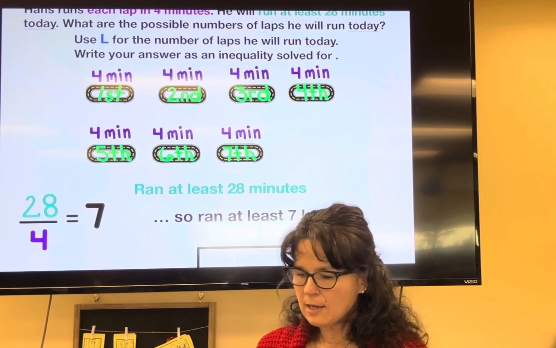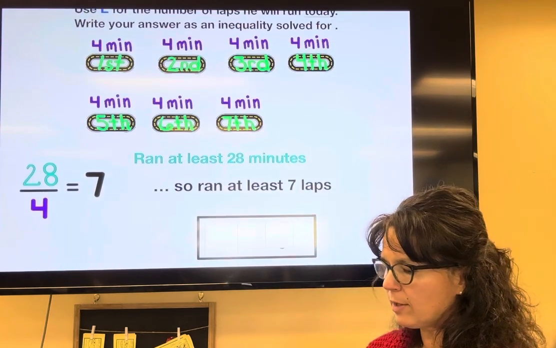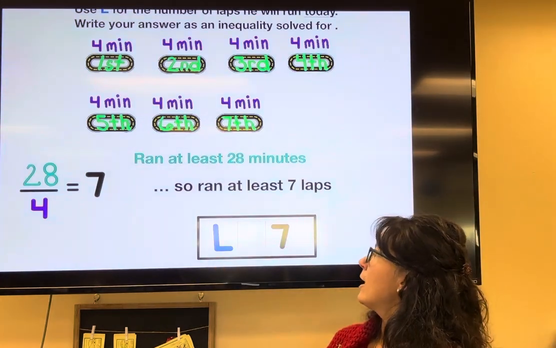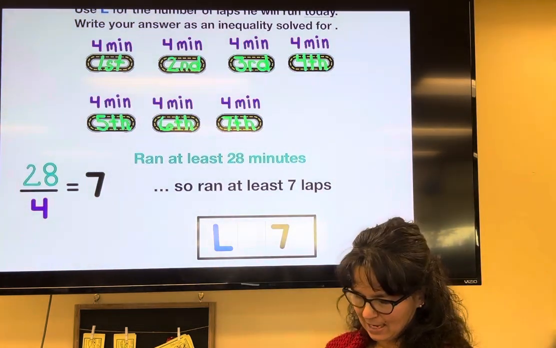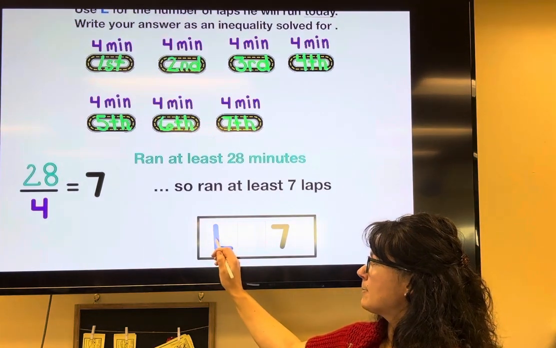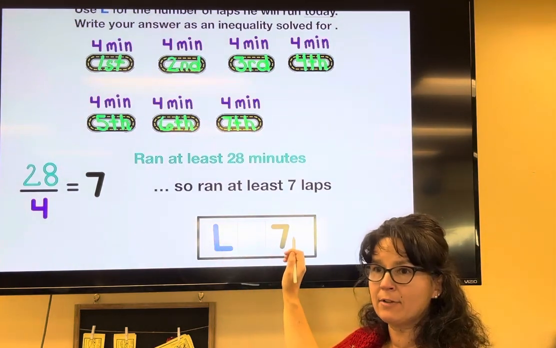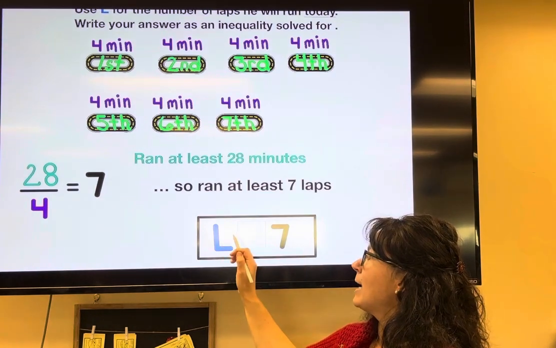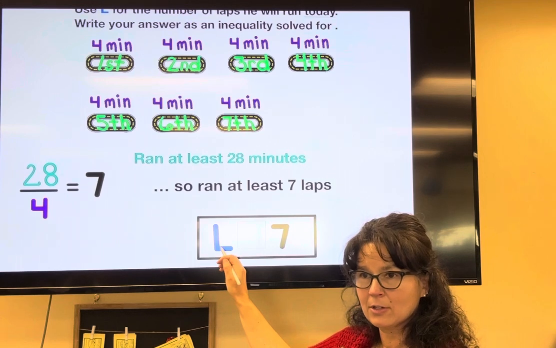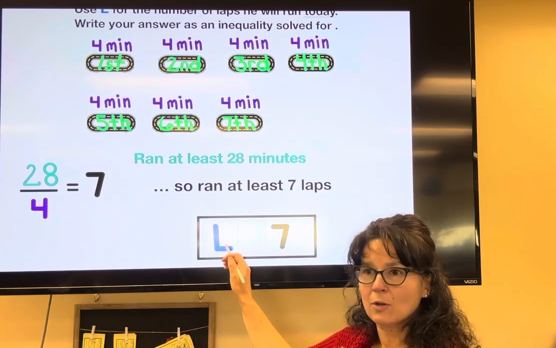Now, if I create an inequality with that, L for laps and 7, we know that if he's running at least 7 laps, then the number of laps is going to be a bigger number than 7. But if you run at least 7, can you run 7? At least, it would be the same.